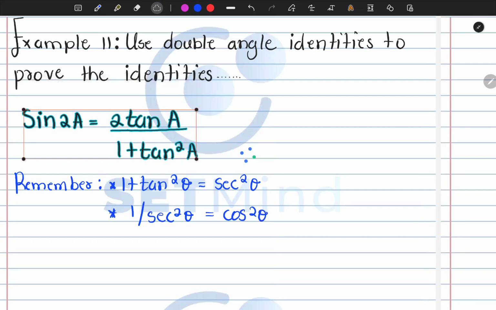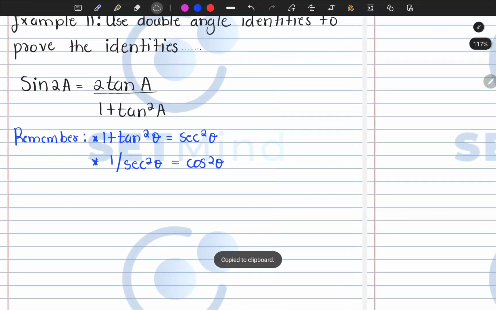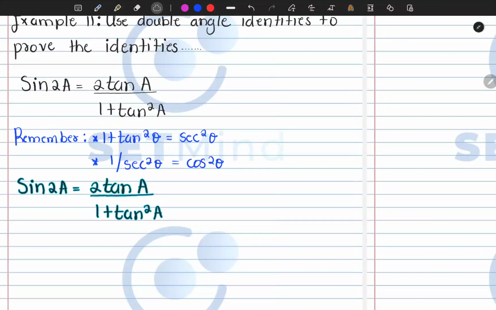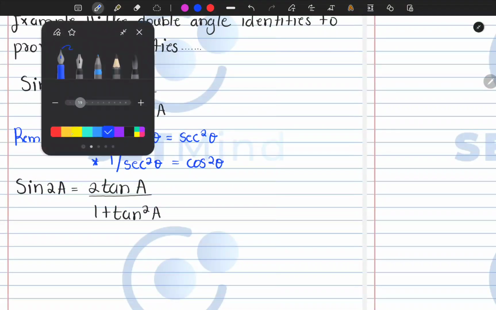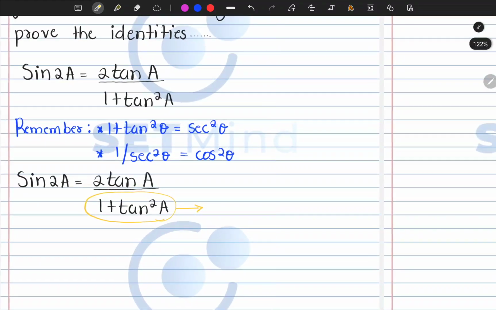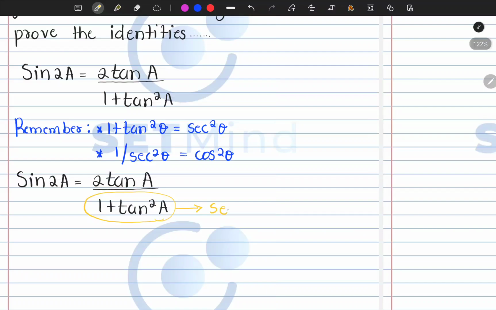Why is this important to put down ahead? It is because this is going to be useful in our answering of this question. So make sure that you always, at all times, try and link what you learn with what you will do as you go forward. So that there is just the same as sec squared theta.